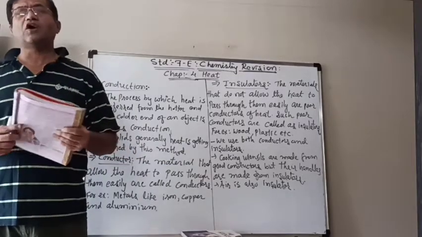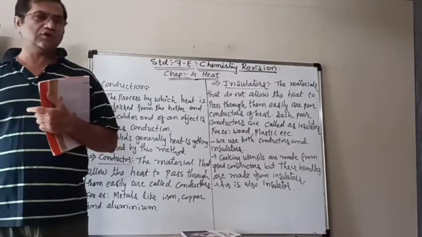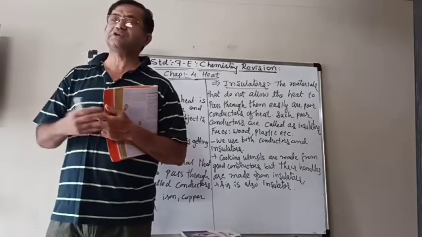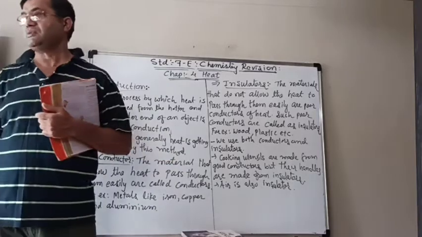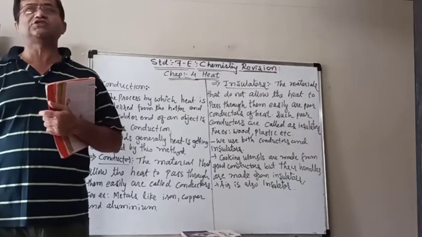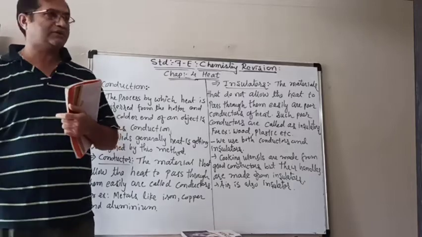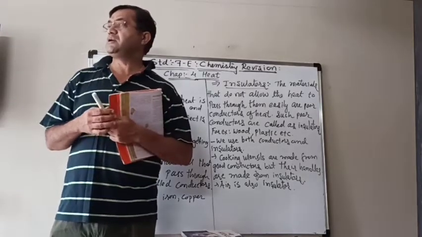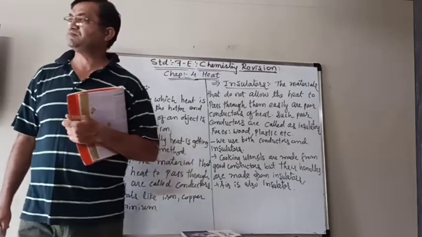Because only by touching we cannot always understand how hot the object is, therefore the device known as a thermometer is used, in which mercury liquid is used.